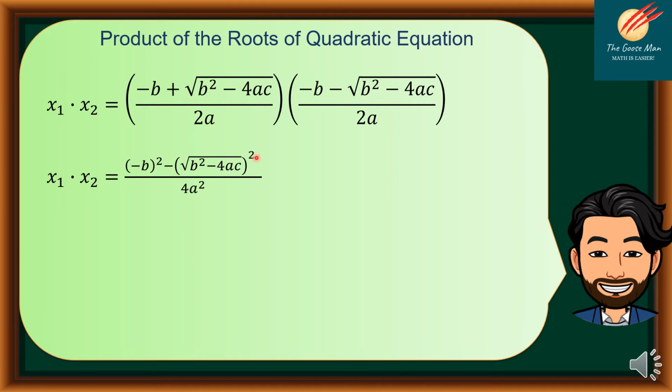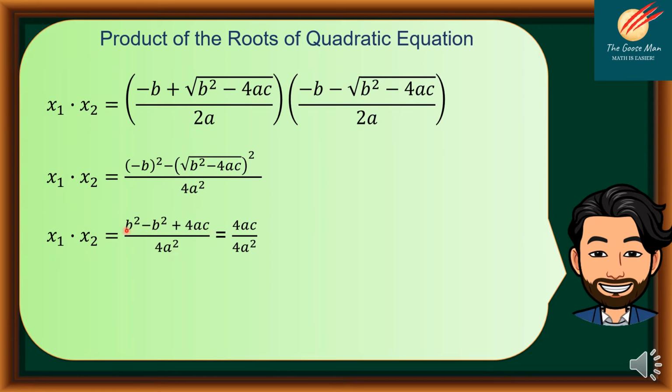So it will leave us x sub 1 times x sub 2 is equal to b squared, because negative b squared is b squared. However, there's a negative outside, so I can remove the square root and the squared, leaving b squared minus 4ac. But I'll distribute the negative, so we have negative b squared plus 4ac all over 4a squared.